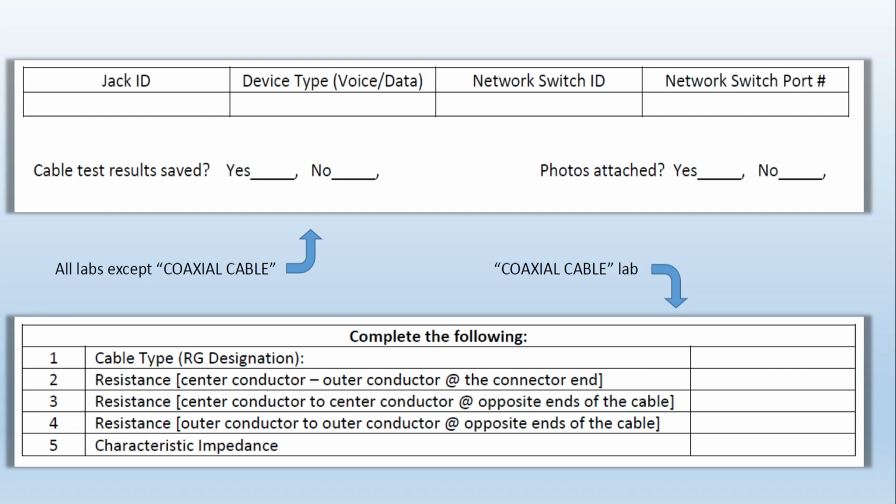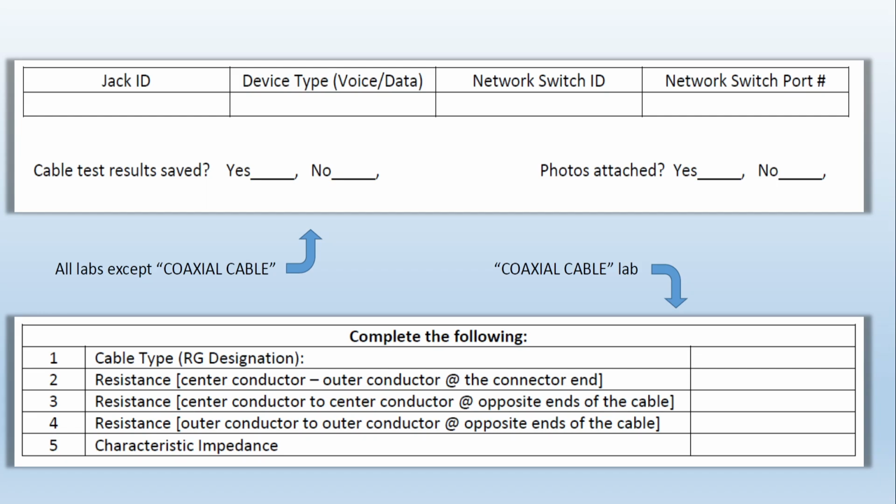Let's say the company requested 200 data jacks to be installed and they had to be tested, and the test results had to be available to them just to prove that there's no troubles, everything is nice and working. So that's what happens in real life. In our case, we're just going to take a picture with your cell phone. You're going to take a picture of the test screen.